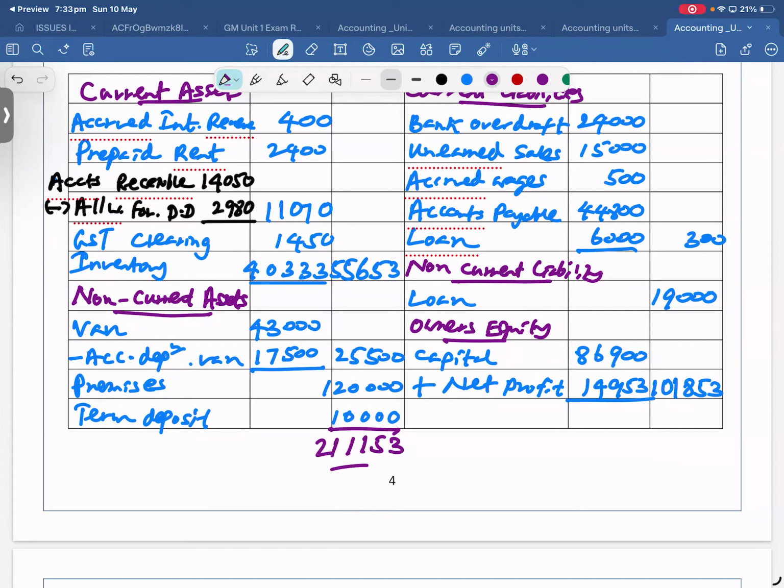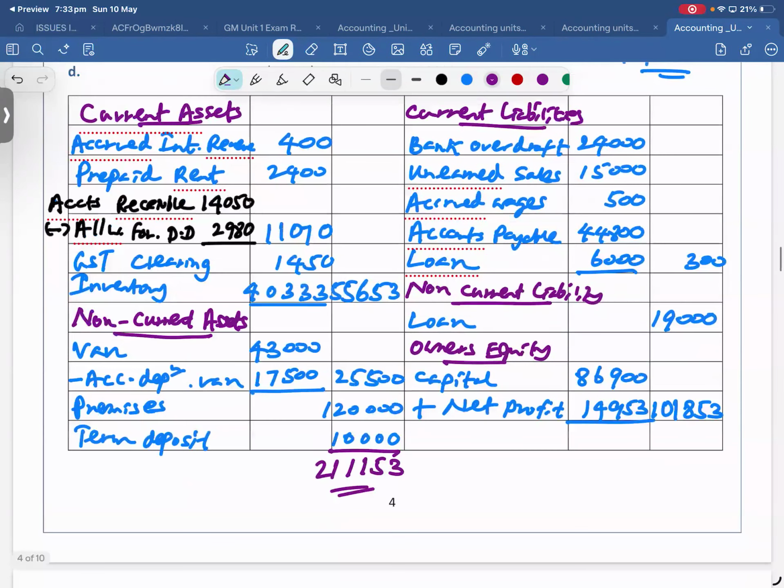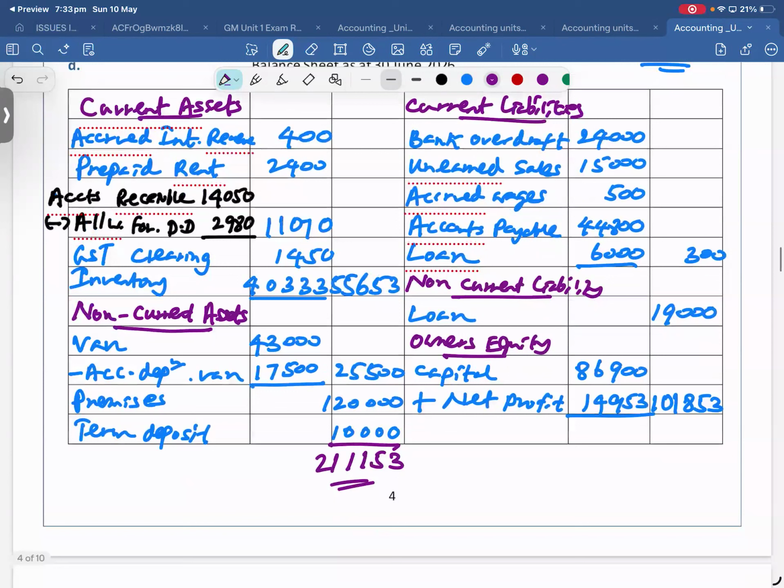Is it 211,153? No. How much? 103,000? No, can't be. This is more expensive. Yes, negative. You got the total? No.